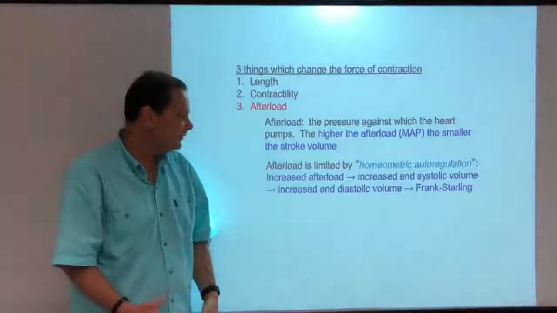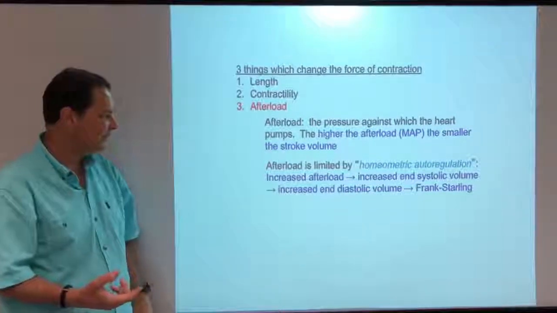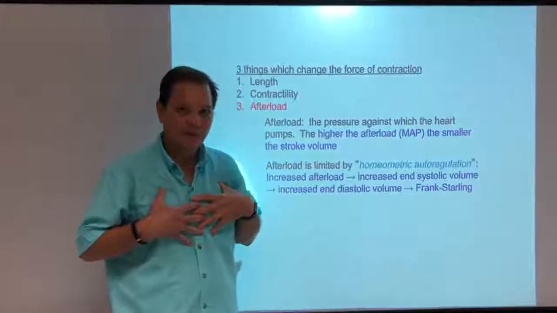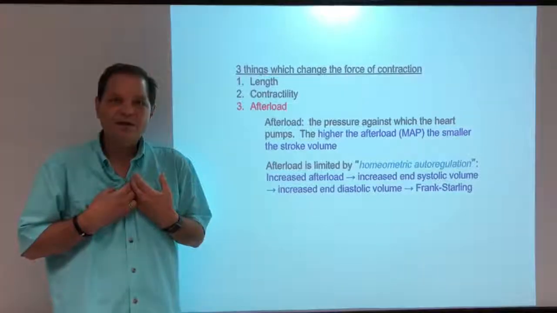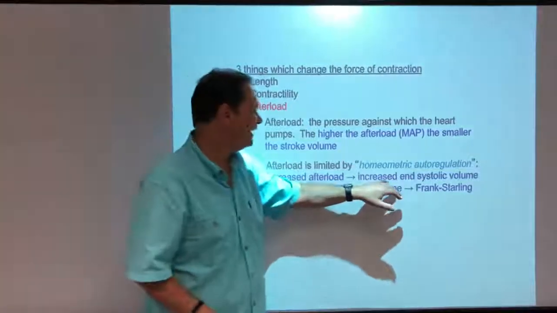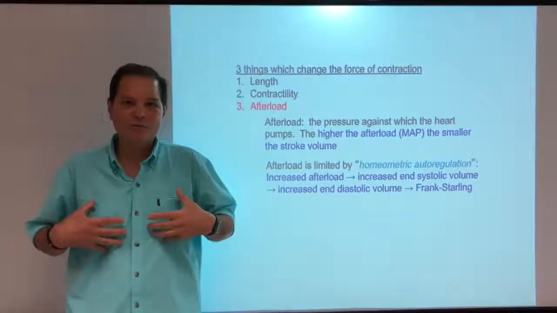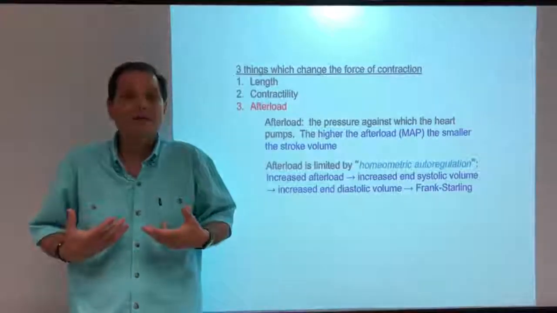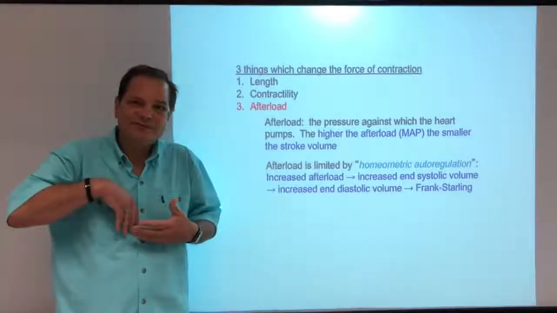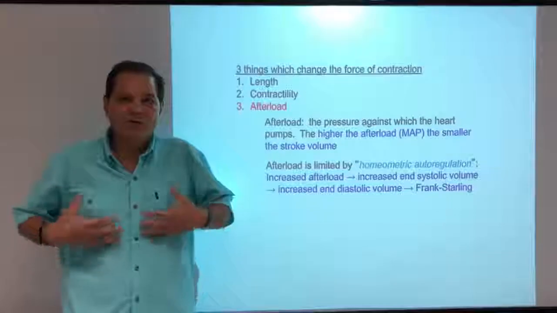Afterload in the heart is limited by what is known as homeometric autoregulation, and I will return to this later. If I increase the afterload and I decrease the stroke volume, then that means I've ejected less blood from the heart, which means I have more left over. Another way of saying that is I have increased end systolic volume. I have more blood left over because my stroke volume fell. If I have more blood left over, then when I fill again, I'm going to end up filling the heart more because I started with more.